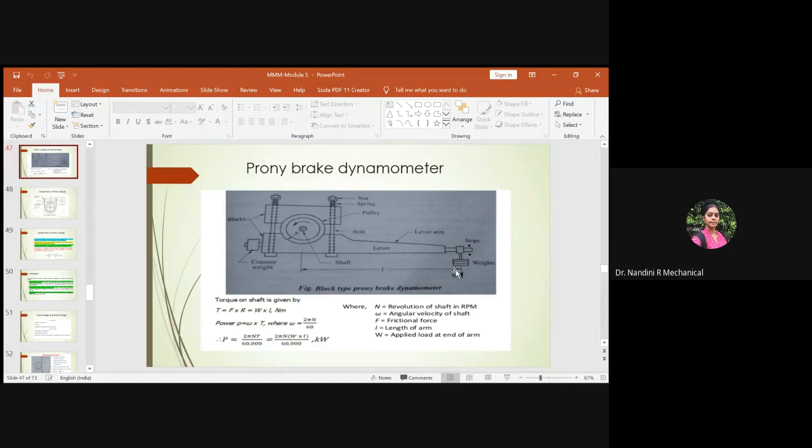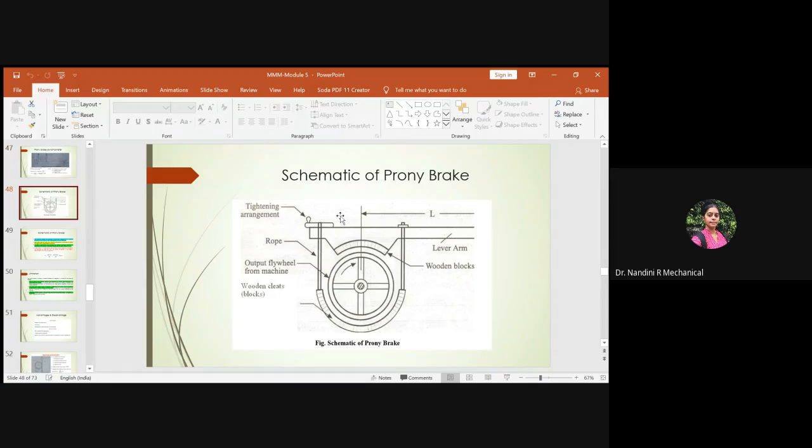Along with that, you have the blocks which are tightened using a nut and spring mechanism. The rope between the top and the bottom wooden block is tightened by using the nut and spring mechanism. Or else it could be like this also.